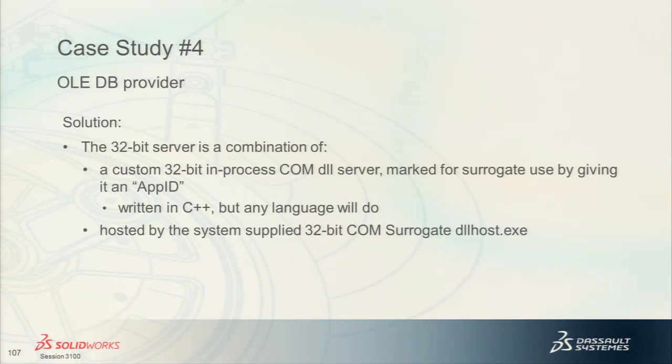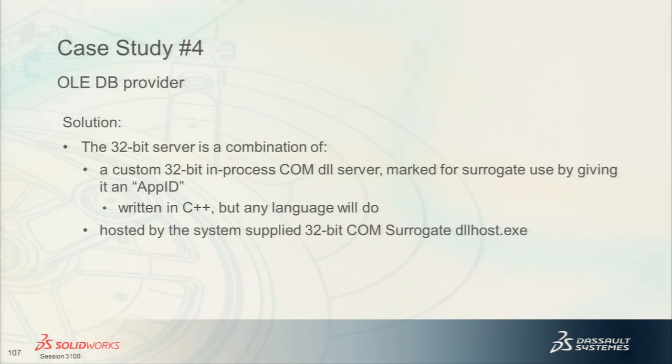I'm going to write this custom object, and I'm going to give it a very special value in the registry, giving it an app ID, which will basically tell the COM runtime, okay, if this object is requested, I'm going to fire up this DLL host process, which comes with every Windows installation. I will fire that up for you and load your DLL into that process. And all I did was mark it up with this app ID. So that's the trick here.